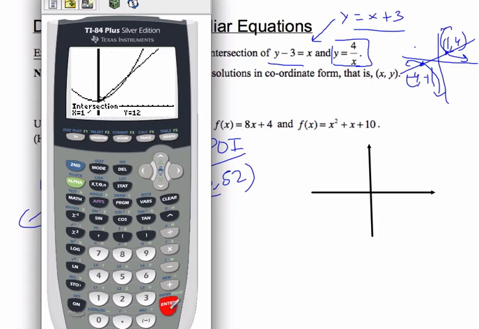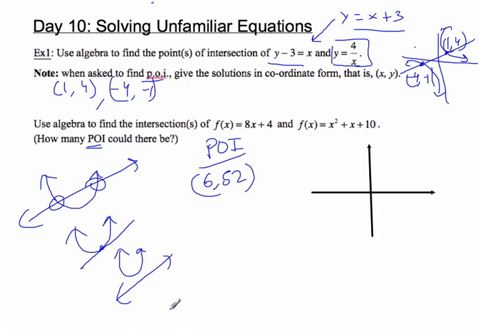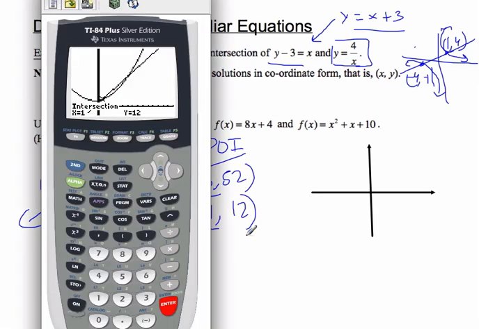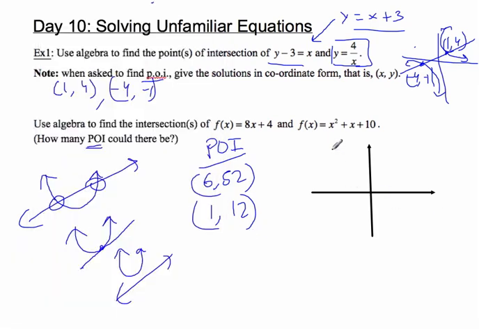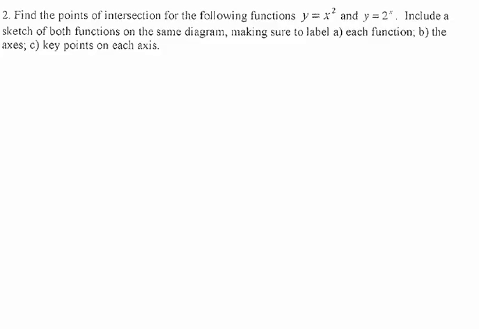And that should be far enough, and it's 1, 12. We have 1, 12, and we'll draw a little sketch of the graph here. So it goes like this, and like that, and our points of intersection are 6, 52 and 1, 12.